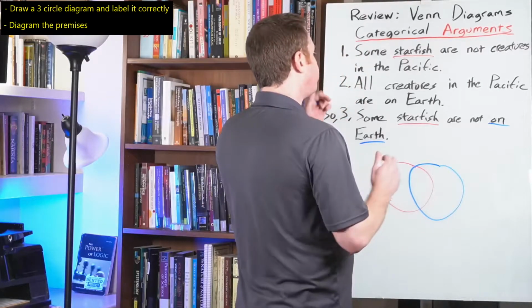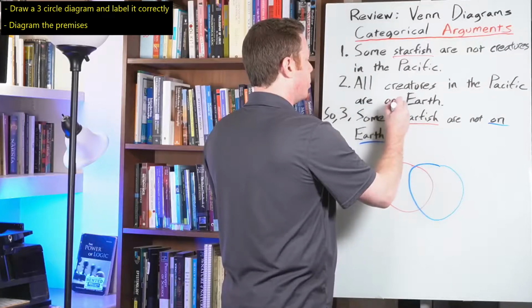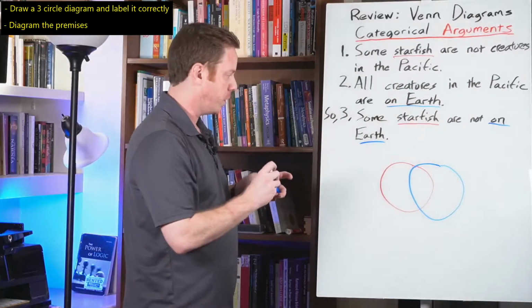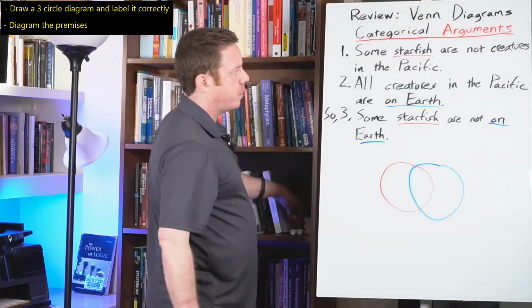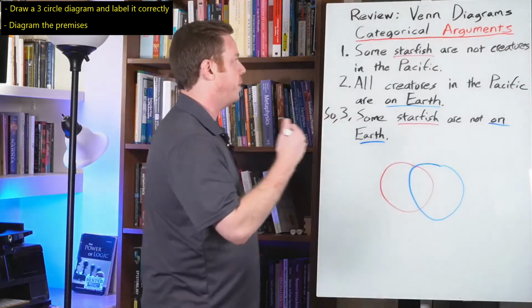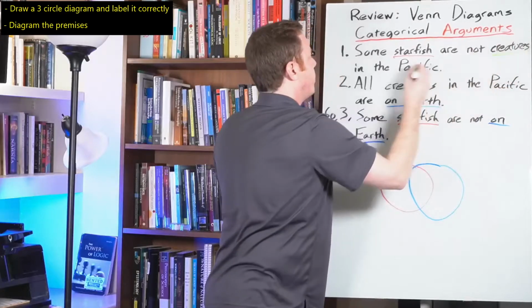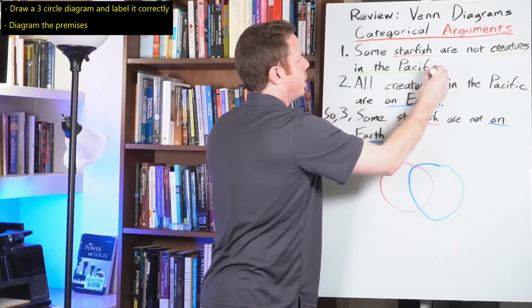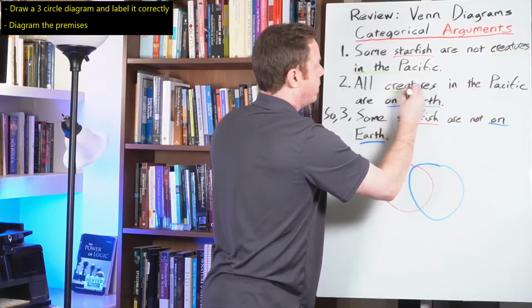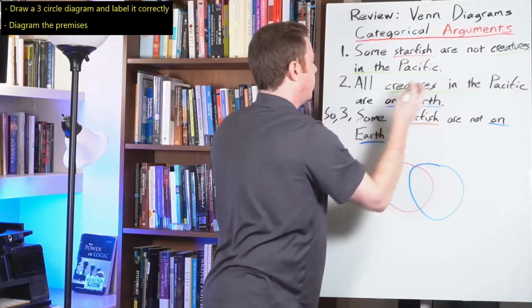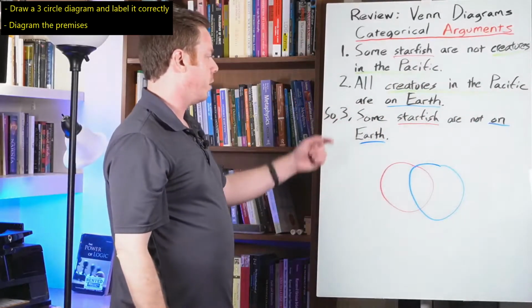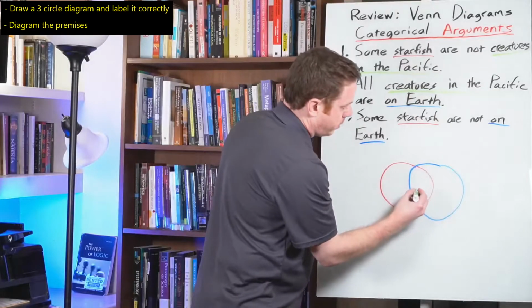On Earth, it also occurs right there. And then the middle term is going to be creatures in the Pacific, the middle term being the one that does not occur in the conclusion. So we'll do that in green.